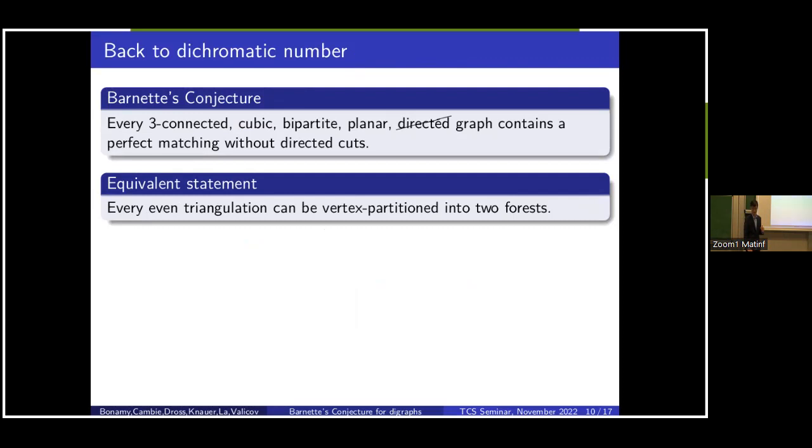The same for Barnette if you replace acyclic sets by forests, right? And if you also remove bipartite, then it would be the same as removing this even restriction in the dual, right? So bipartite, every face must have an even size. So when you go to the dual, that will correspond to the degree of the vertices. And now you can see clearly that the equivalent statement is this partitioning of a planar graph into 2 forests that we already said was false.